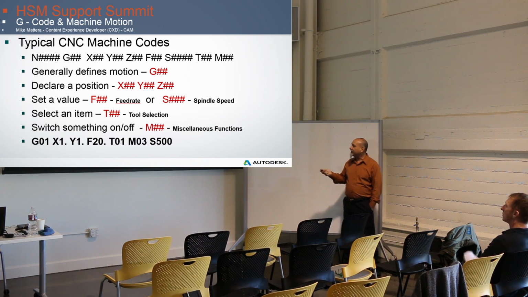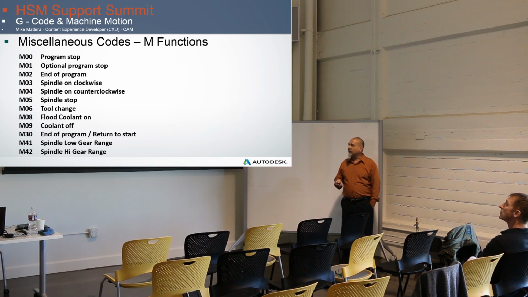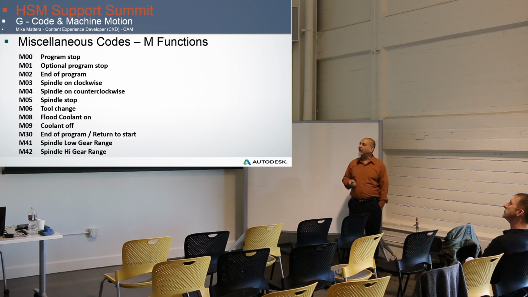And usually the case is with miscellaneous functions that you just have to get the chart that goes along with that particular CNC control. Although I've created a list here of some of the most common miscellaneous functions, you'll find that most of the ones that are on this list will be in just about any machine that you encounter. So for our M3, we're going to do a spindle, turning the spindle on in a clockwise direction.